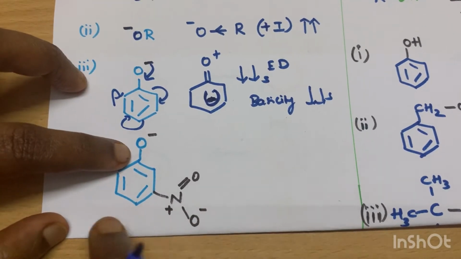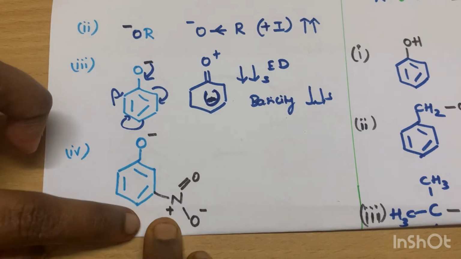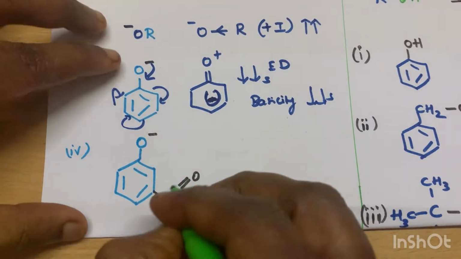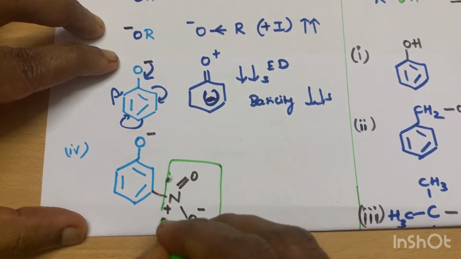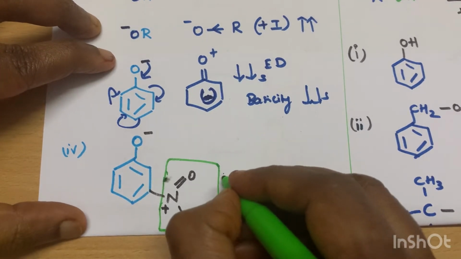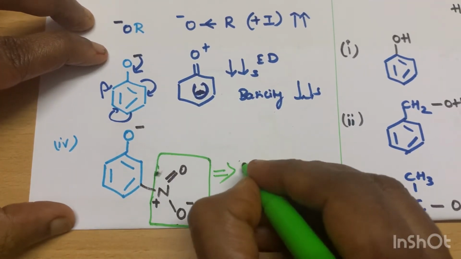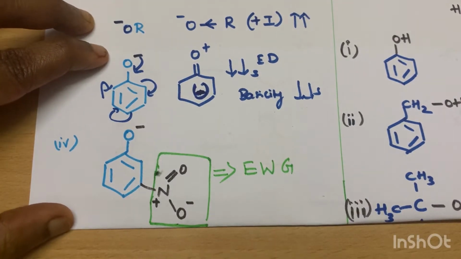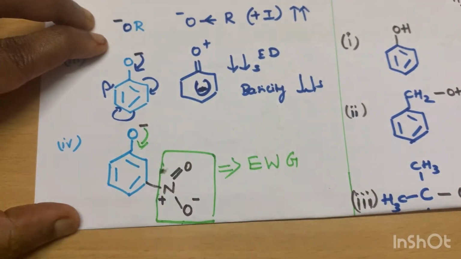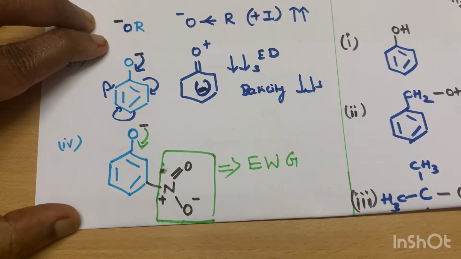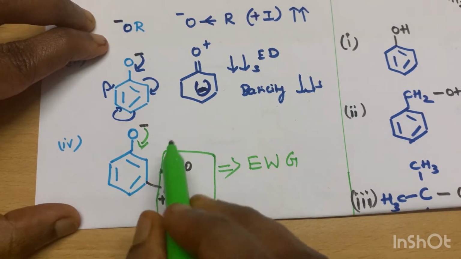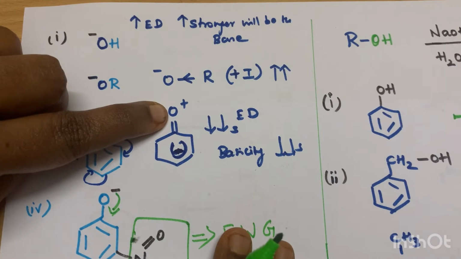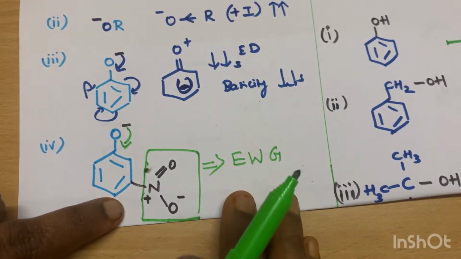Here also there is a phenyl ring, and extra there is a nitro group attached to it. Now what is the nature of this group? It is a powerful electron withdrawing group. So it will pull the anion even more strongly. Whatever charge density was there, it will not be here.